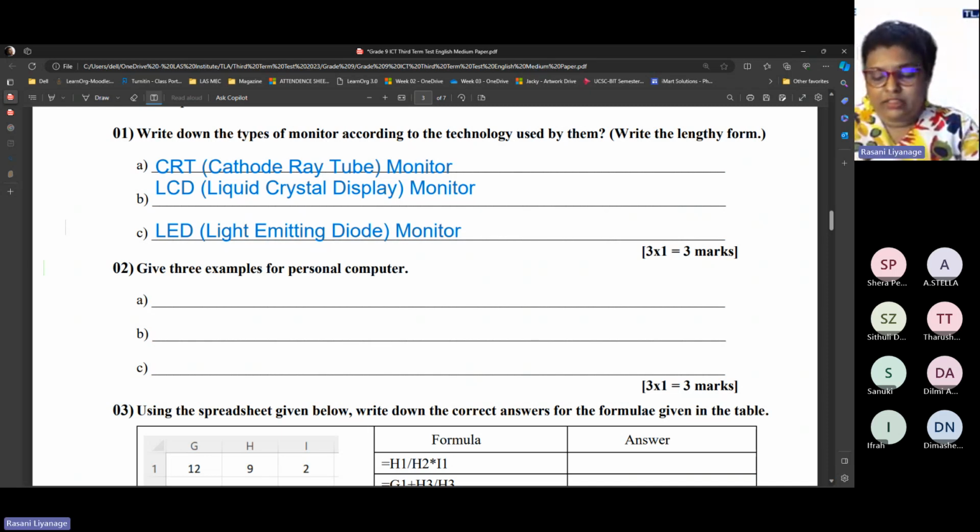If you don't write the full form, they can cut your marks. Why? How can I know that you know the exact lengthy term of CRT? What if you write something else other than cathode ray tube? Then we don't know exactly whether you know it. So they can cut marks. So don't do that. Okay?